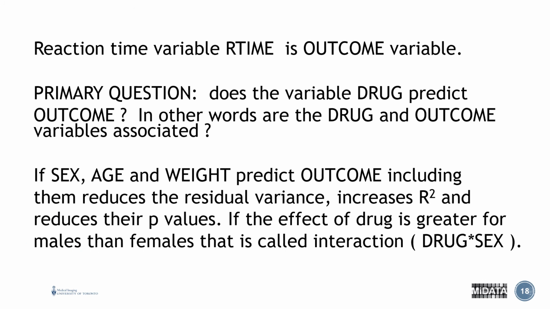So to summarize, if the reaction time variable is the outcome variable, your primary question is, does the variable drug predict outcome? In other words, are the drug and outcome variables associated? Now, if sex, age, and weight predict outcome, including them reduces the residual variance, which increases R² and reduces their p-values.